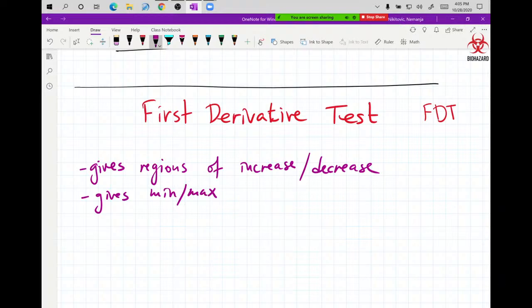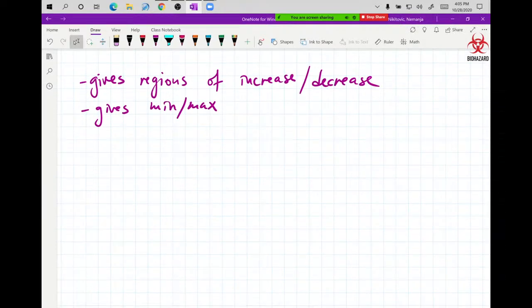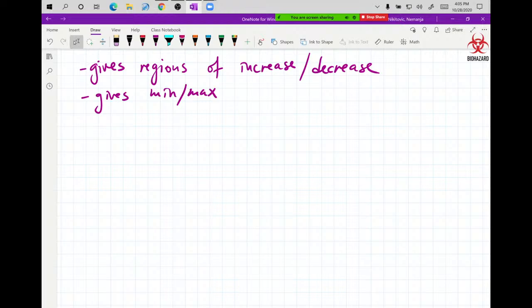We're going to discuss that one as well. So how does this work? Well, you find your critical points and you partition the domain using those critical points. Now remember, critical points would be min, max, inflection, and vertical asymptotes.